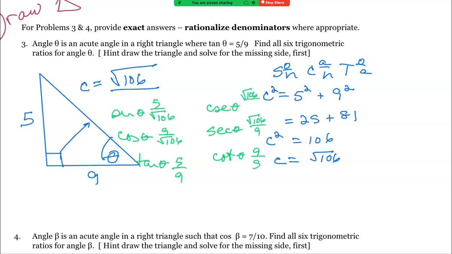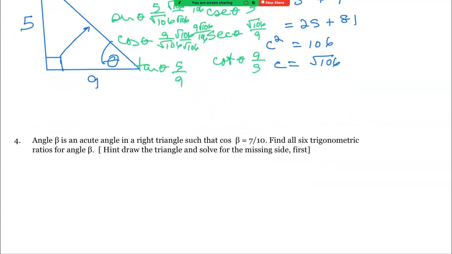Radical 106 over 5. Go back. Rationalize where needed. That's going to be 5 radical 106 over 106. This is going to be 9 radical 106 over 106. And I have all 6 trig functions.